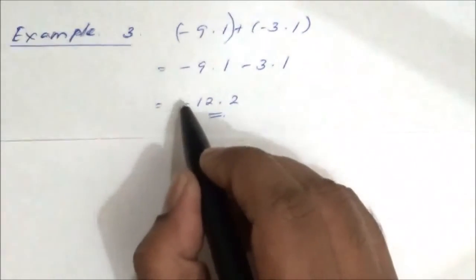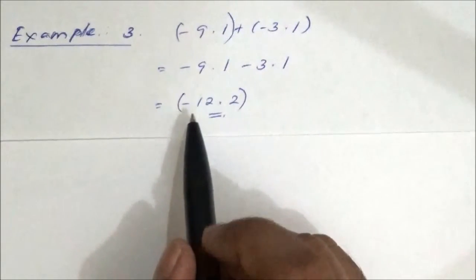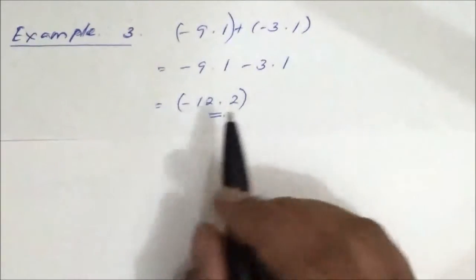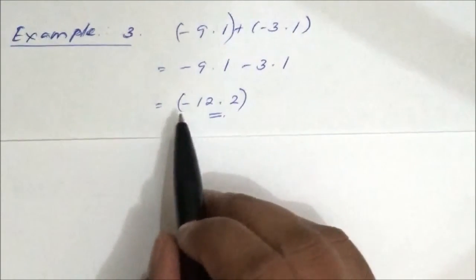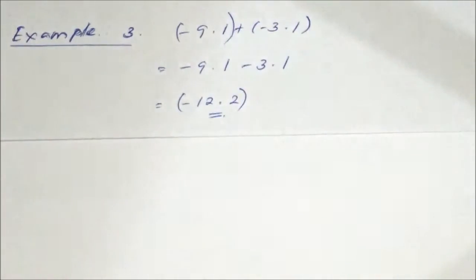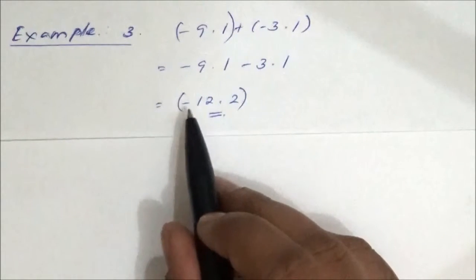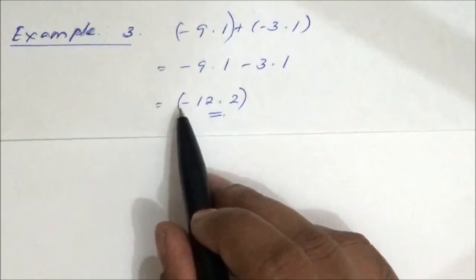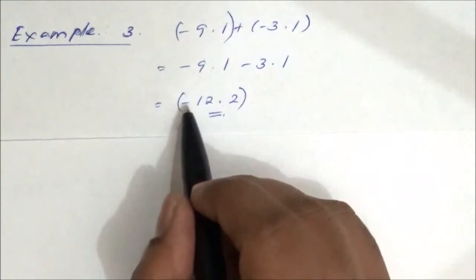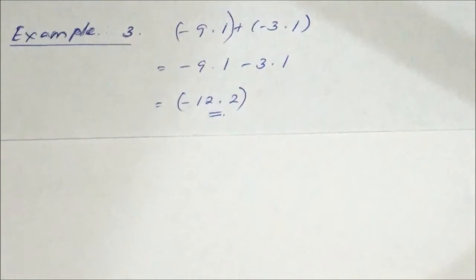If you want you can put the bracket, but it's not compulsory. Sometimes in algebra calculations there are many negative figures, and if you are not putting a bracket, sometimes this minus is misplaced from your answer. That is a real issue, because if you are not putting the minus sign on the front figure, sometimes the final sum is going to be wrong. That's why we put brackets for negative figures especially.